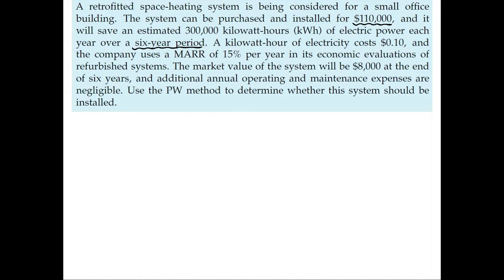And every year you can save by using the new heating system, save how much? Save 300,000 kilowatt hours. But how much is that? Don't worry. So 1 kilowatt hour is 10 cents. Okay?